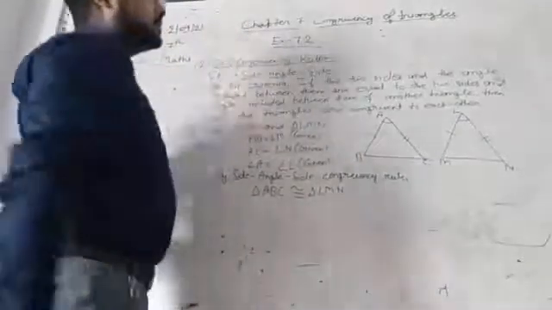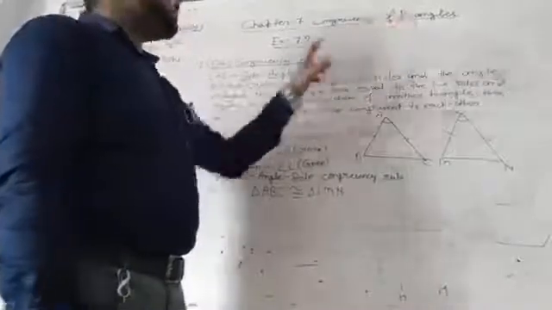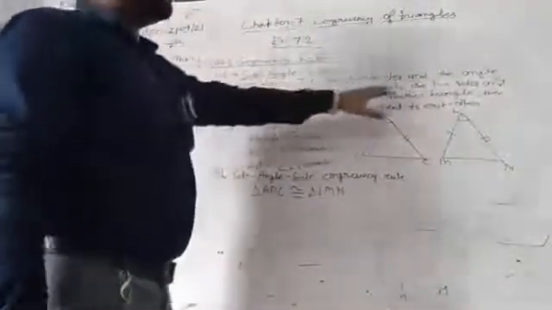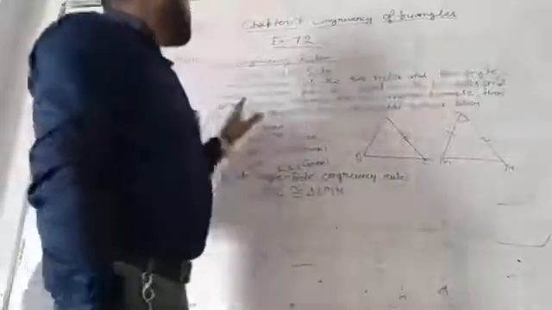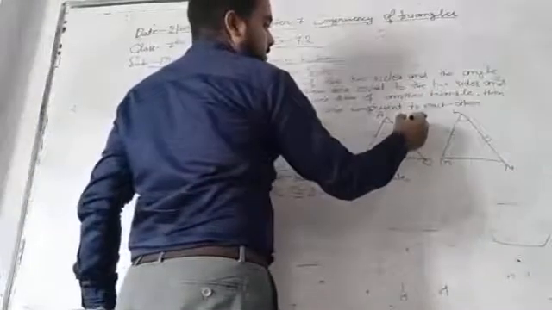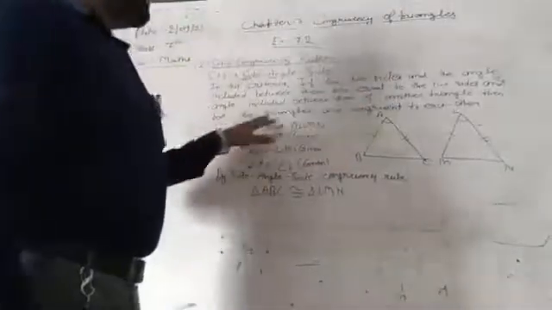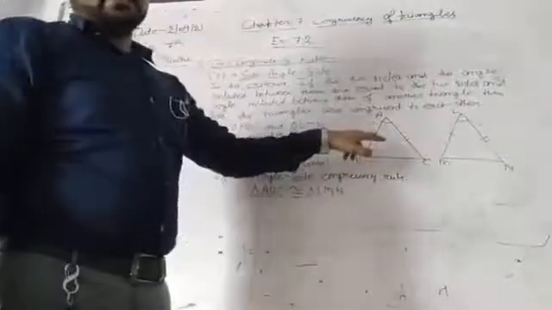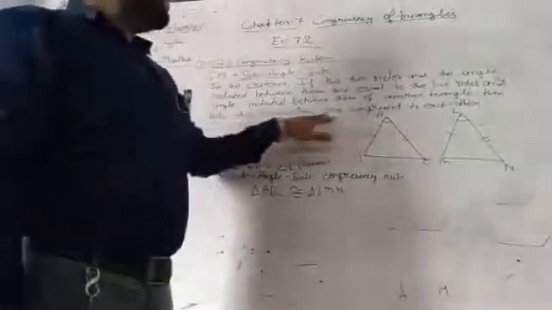In this criteria, if the two sides and the angle included between them are equal to the two sides and angle included between them of another triangle, one triangle ABC and another LMN, then both the triangles are congruent to each other.